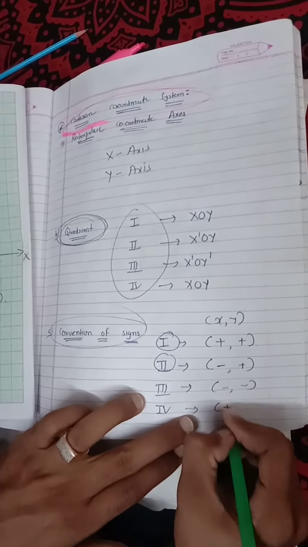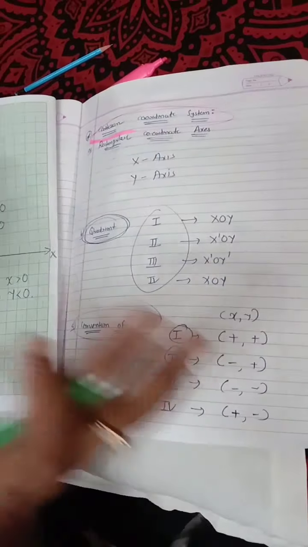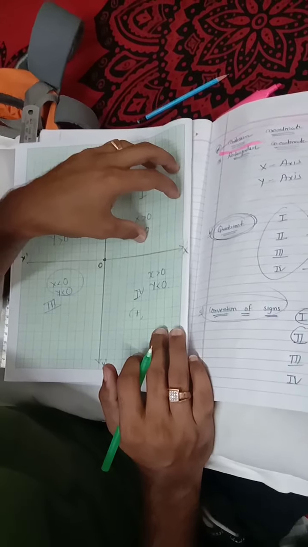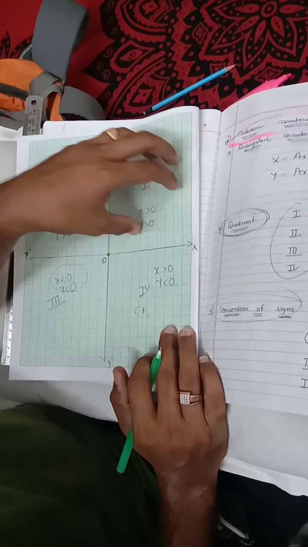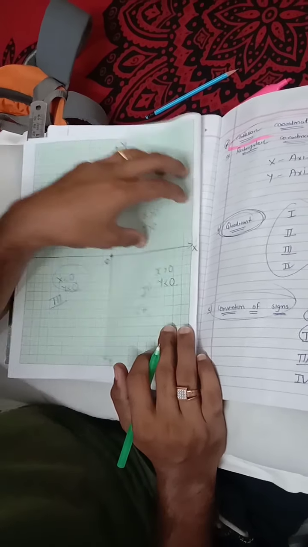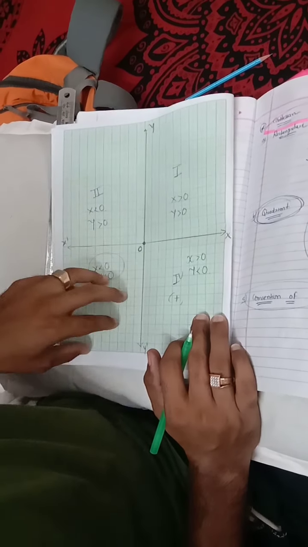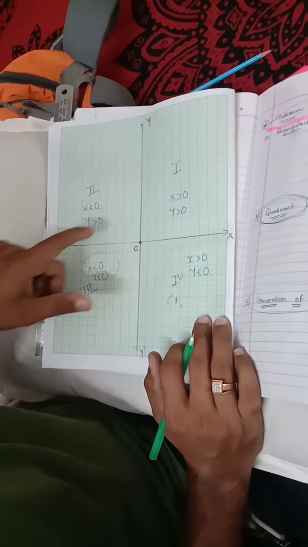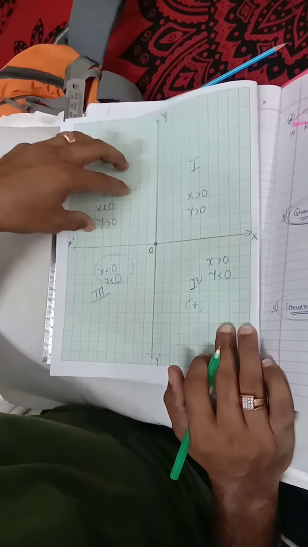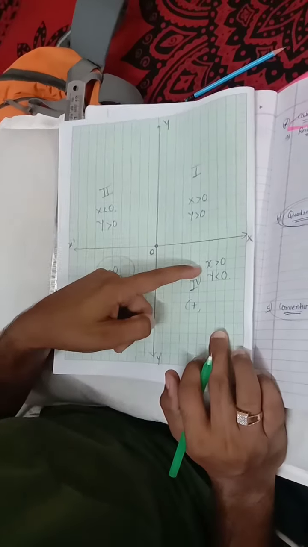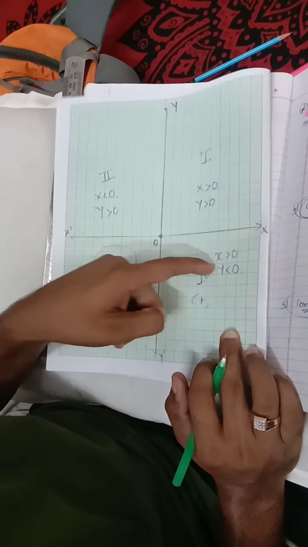Means x is positive and y is negative. In short, if both are positive, the point lies in the first quadrant. If both are negative, the point lies in the third quadrant. If x is negative and y is positive, the point lies in the second quadrant. And if x is positive and y is negative, the point lies in the fourth quadrant.